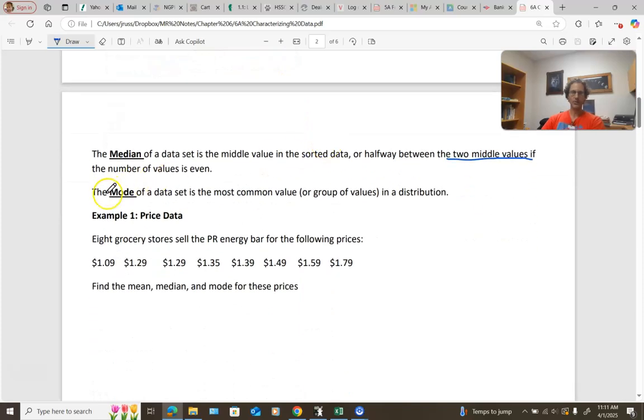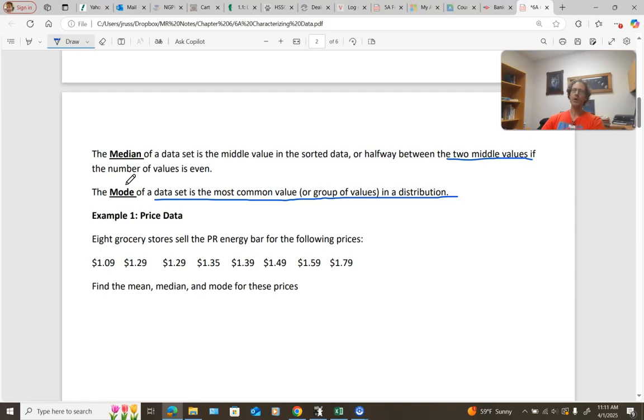The last one that we'll look at is called the mode. The mode of a data set is simply the most common value in a distribution. In other words, is there a value that's repeated more than once? You can have more than one mode. There can be 2 modes or 3 modes in a data set.